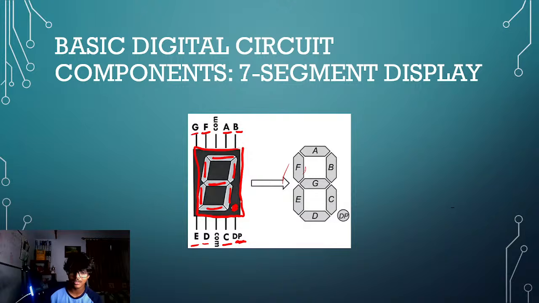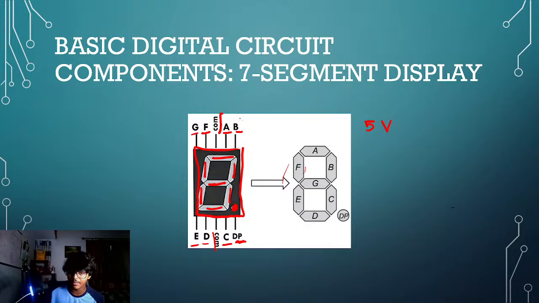It's interesting because it works through a common cathode or a common anode system. Let's say it's a common cathode, which means both of these COM pins are at 5 volts. You need to give it 5 volts. Then the entire circuit becomes active low.